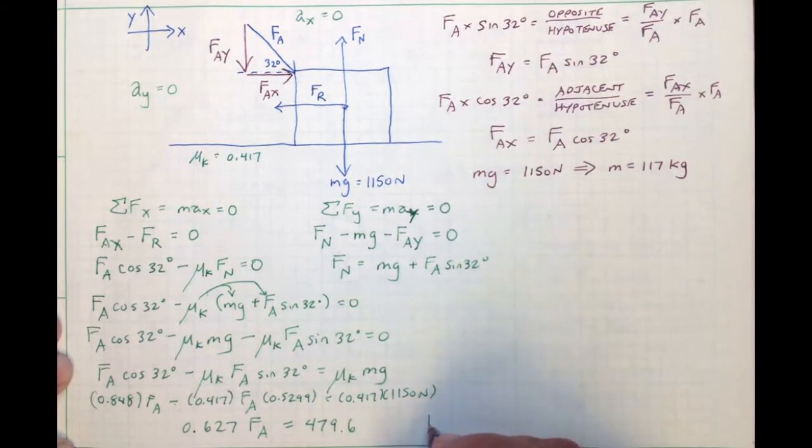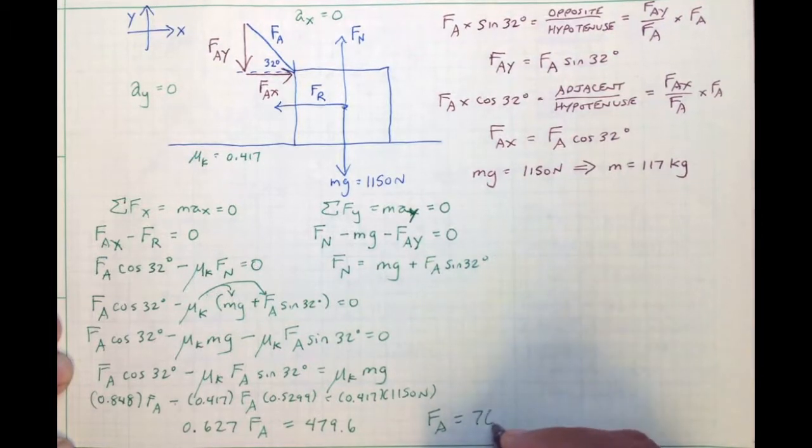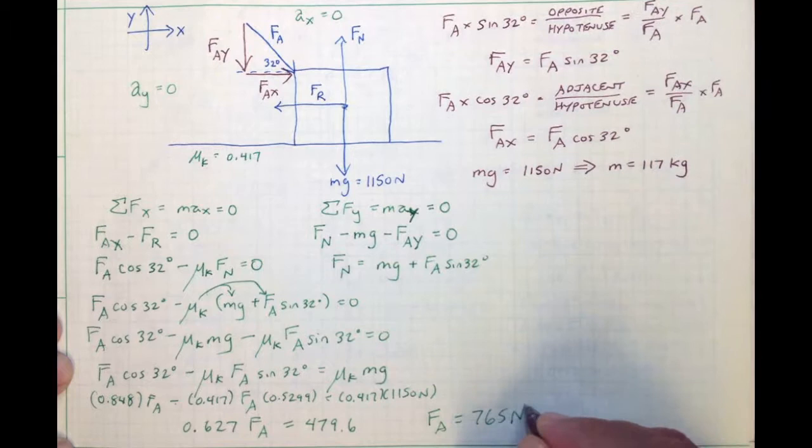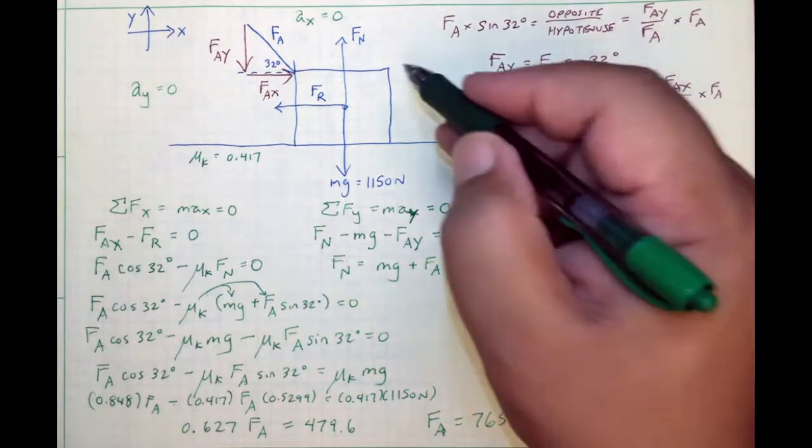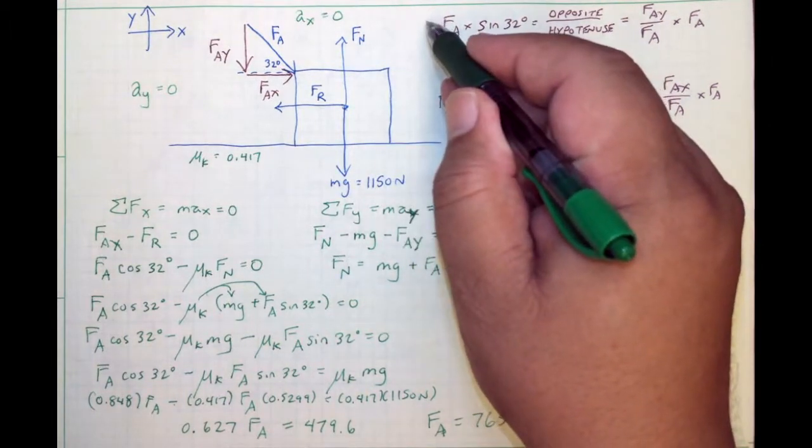This gives us an applied force of 765 newtons. Notice that this applied force is much greater than the 448 newtons we had to apply when we were pulling upward.